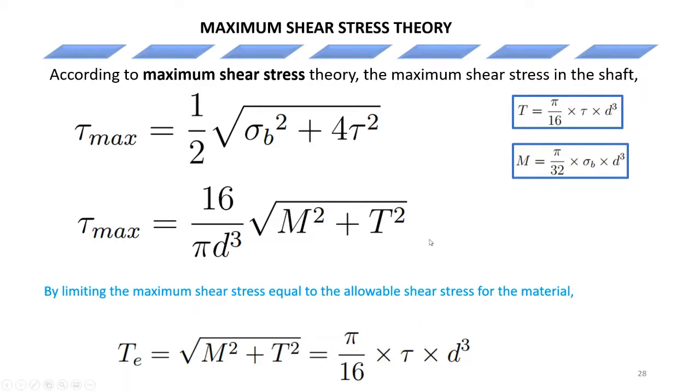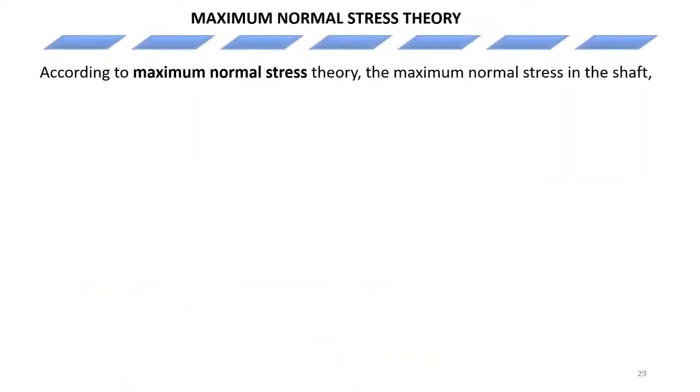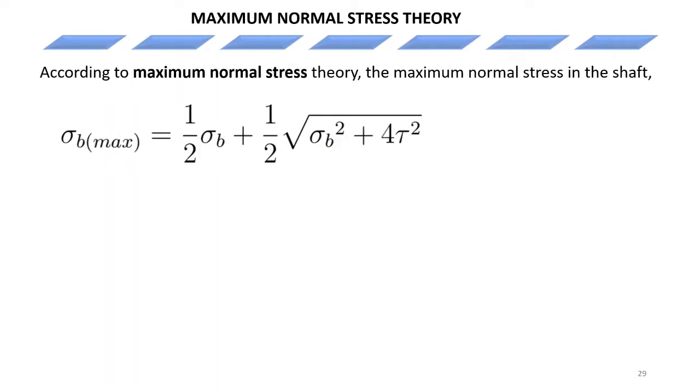All right. Then according to the maximum normal stress theory, the maximum normal stress in the shaft or in the material is equal to this equation. So here we have maximum normal stress or maximum bending stress in the material.